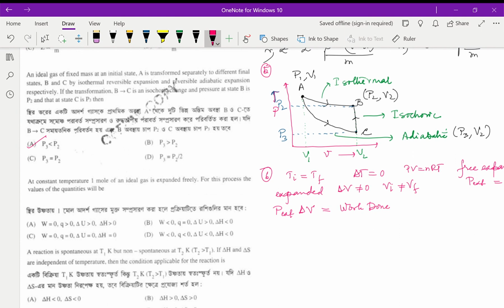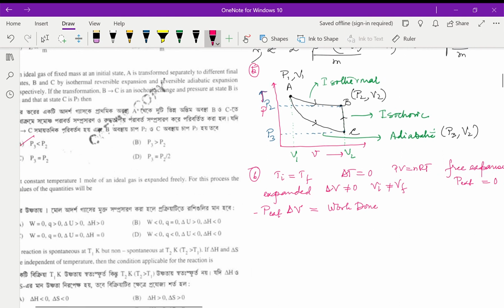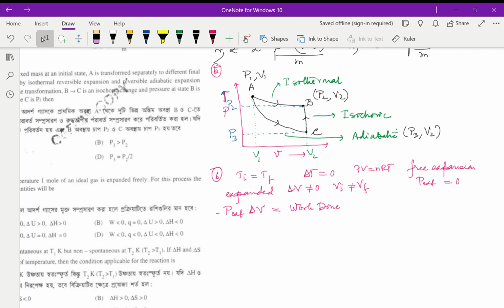Now, out here, if P external is equal to 0, so we will say that W, which is the work done, is obviously going to be 0.